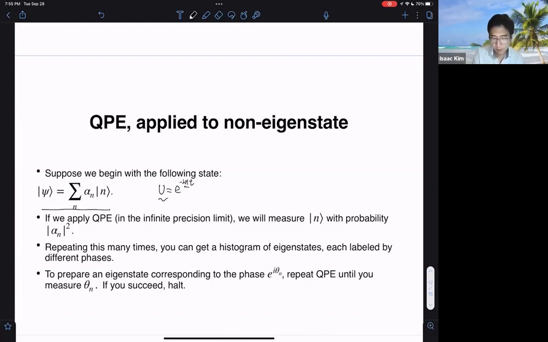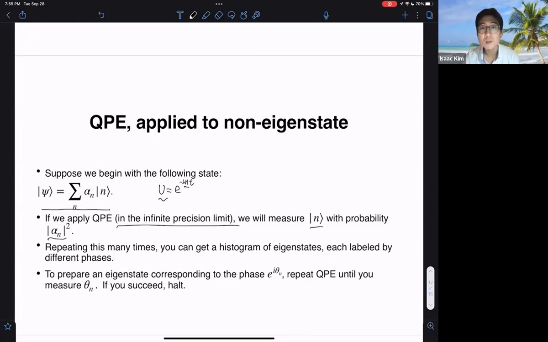If we apply quantum phase estimation in the infinite precision limit, in the finite precision case the story is pretty much the same, we'll measure n with probability alpha_n squared. That's all we can guarantee. That's just a general fact.